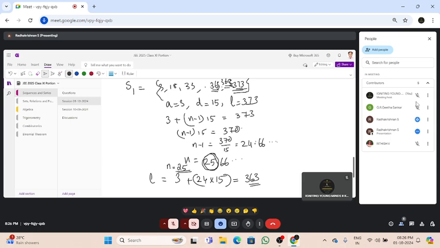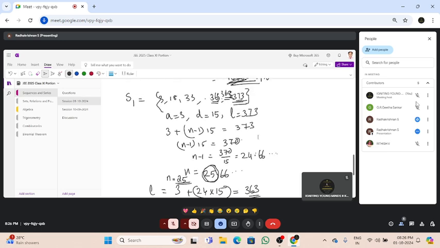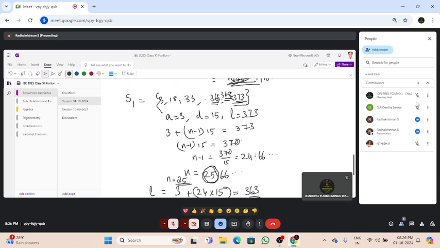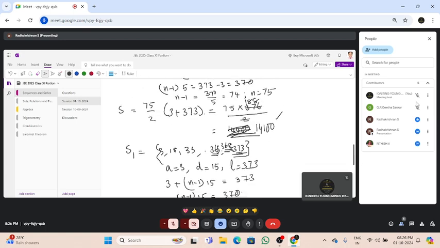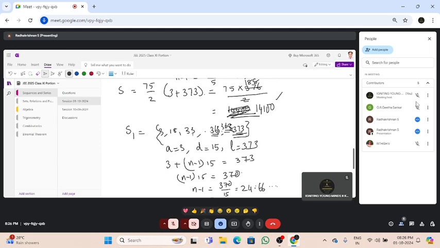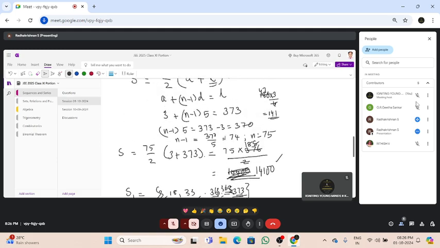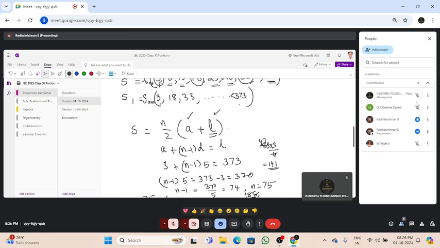Did you follow both methods, Ritesh? What Geeta is telling? Yes, sir. 373 is not divisible by 3, right? So you take the previous term, subtracting 5.